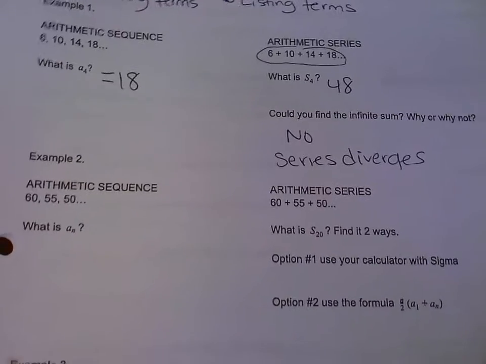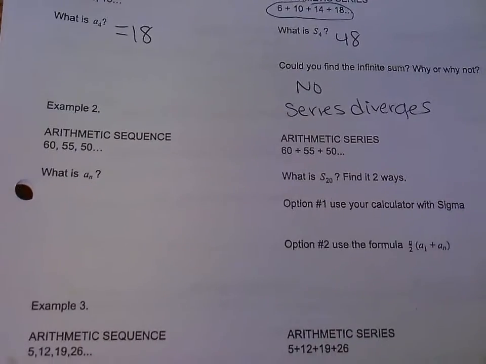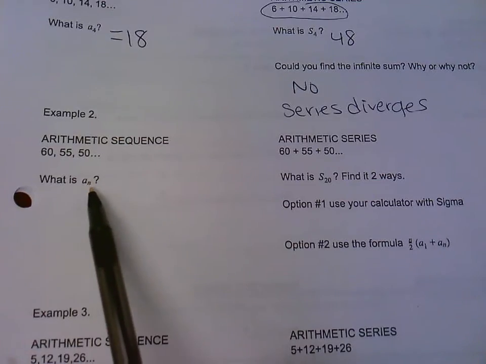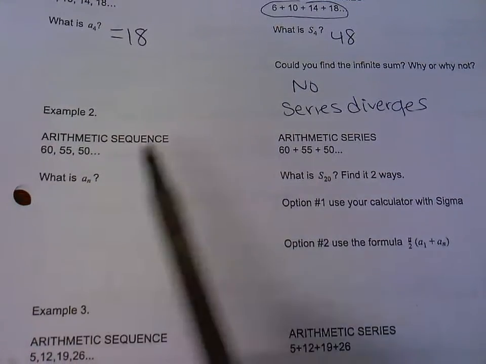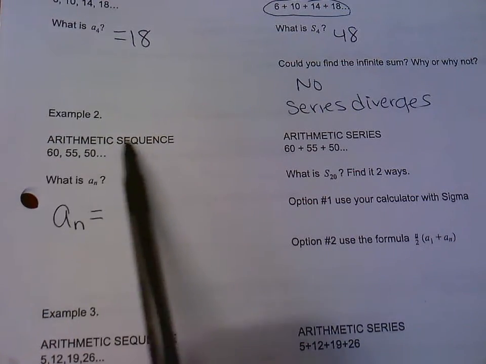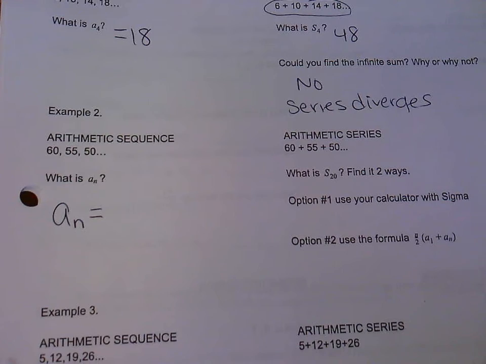So that's arithmetic. Here's another example of an arithmetic sequence and series. 60, then 55, then 50. So for this one, I said, what is a sub n? That means, can you write a formula for any term? So how would I write the formula for this arithmetic sequence? So from yesterday, what's the formula for an arithmetic sequence? 60.